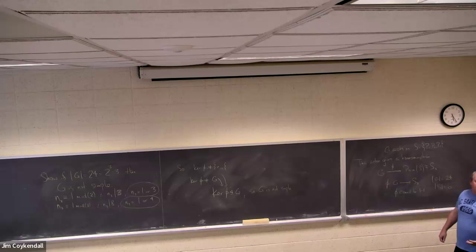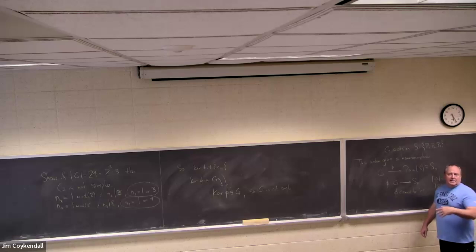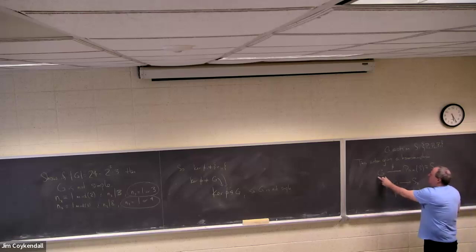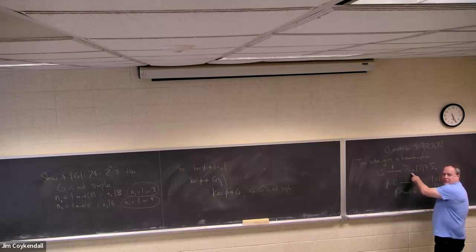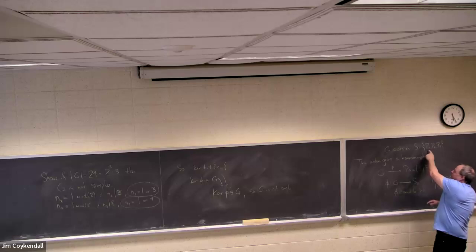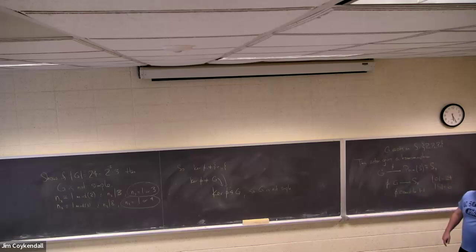This is a theorem that we proved that said there's a one-to-one correspondence between the actions of G on the set and homomorphisms from G into the permutations of the set. And so this action here gives you a homomorphism into the permutations of S. And the reason this is isomorphic to S3 is because there's three things in the set. Okay, oh, okay, yes. Is that clear now? Yes.